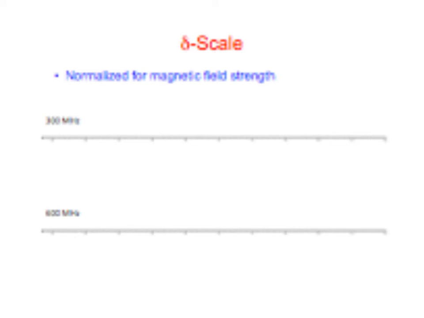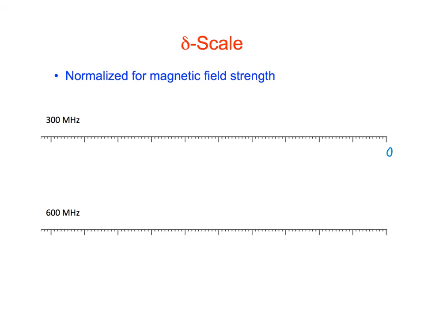All right, so let's finish about this scale, and then we'll be done. Okay, so at different magnetic fields, what we end up with is that if we start with 0 over here, then the number of hertz increases faster if we have a higher magnetic field.